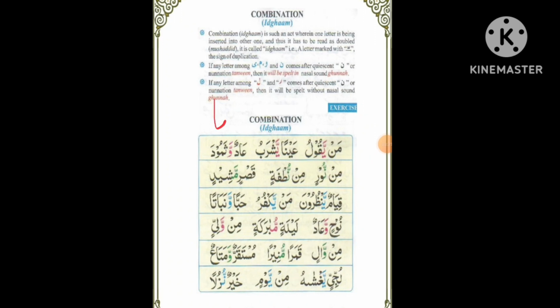As you can see on the screen, noon to zabar nan is equal to noon zabar nan. Noon to zabar nun is nun and noon zabar is also nun. So the sound of both are nun.